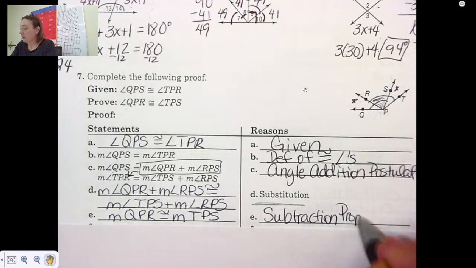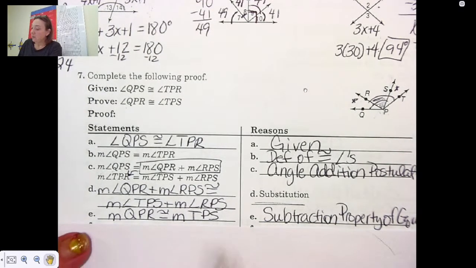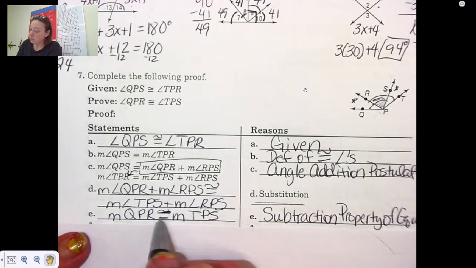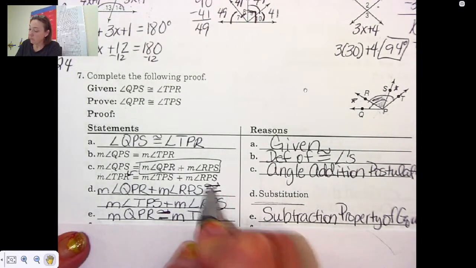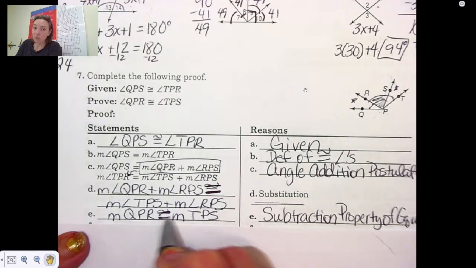I just went so blank. Okay? Now, this says that the measures are equal, not congruent. The measures are equal, right? This should have said equal also. I goofed up. Those are measures. That should say equal. My bad.